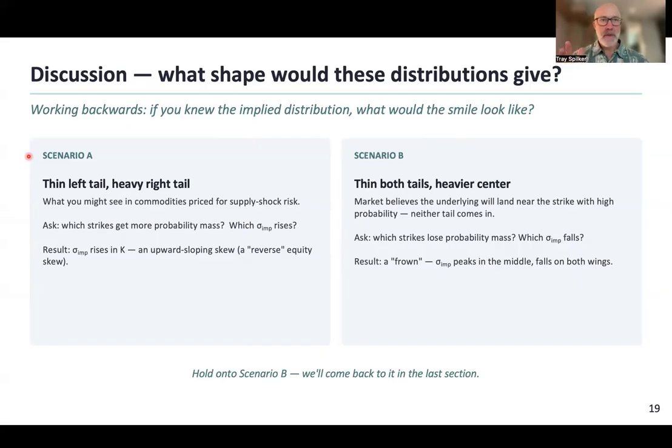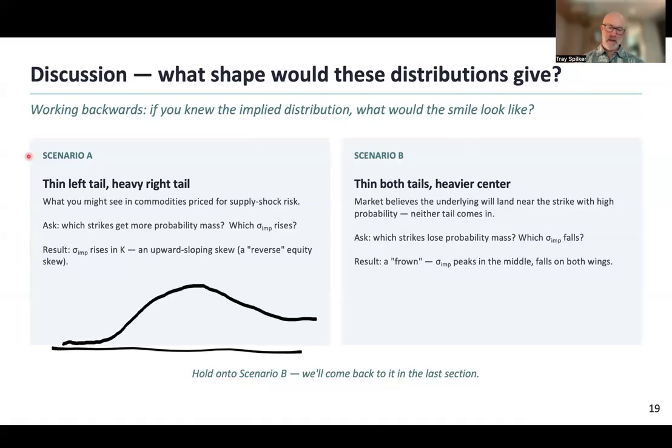Scenario A, we have a thin left tail and a heavier right tail. All right, so I'm going to draw a distribution here. Sometimes this is helpful. So we have a thin left tail, something like this, and a heavier right tail in terms of distribution of observed prices.